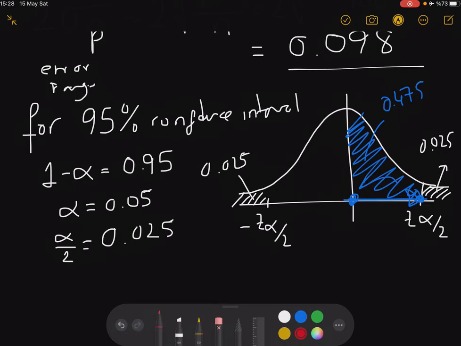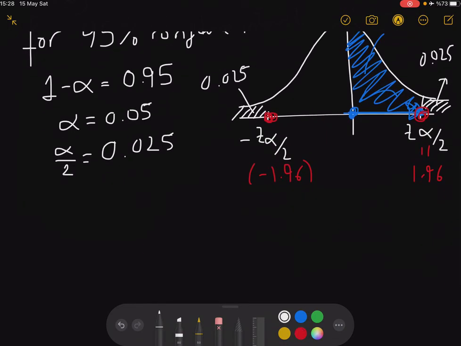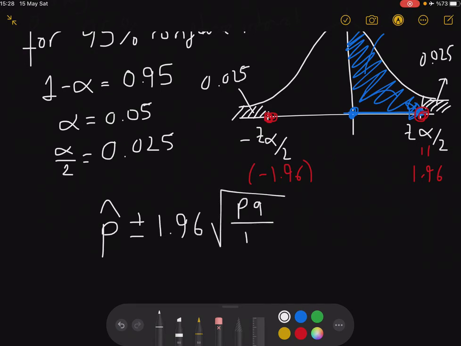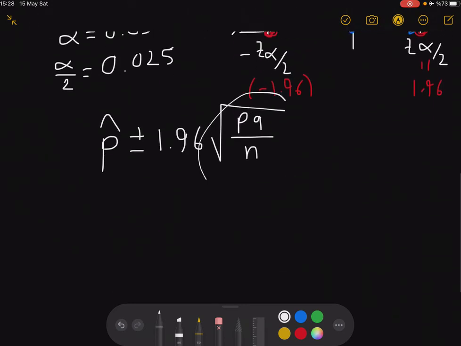So it means that this point is 1.96, and this point is minus 1.96. Perfect. So then we continue to calculate your p hat plus minus 1.96 times the square root of pq over n. This is your standard error, right?